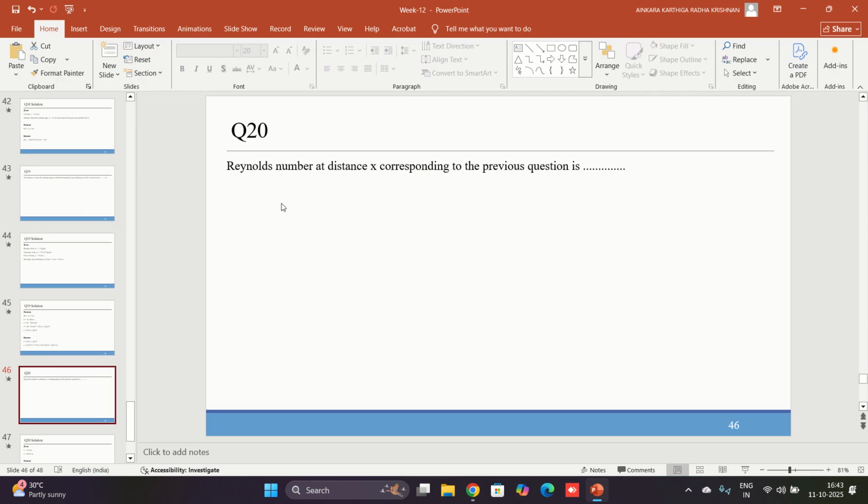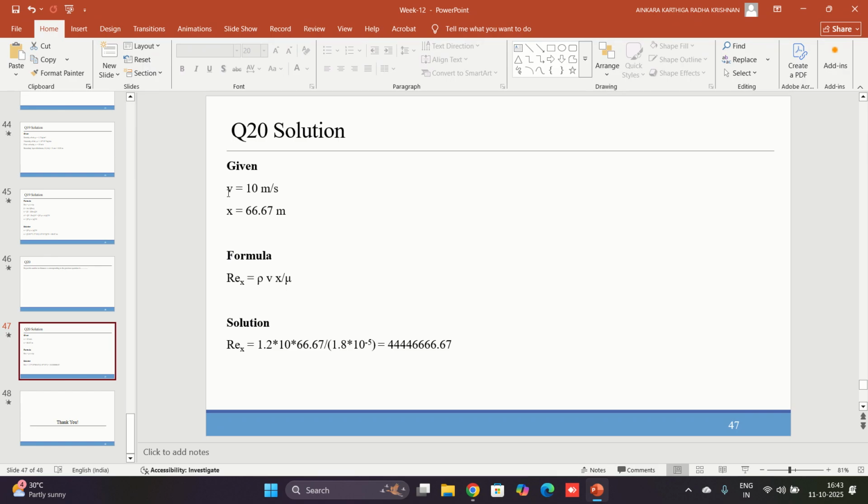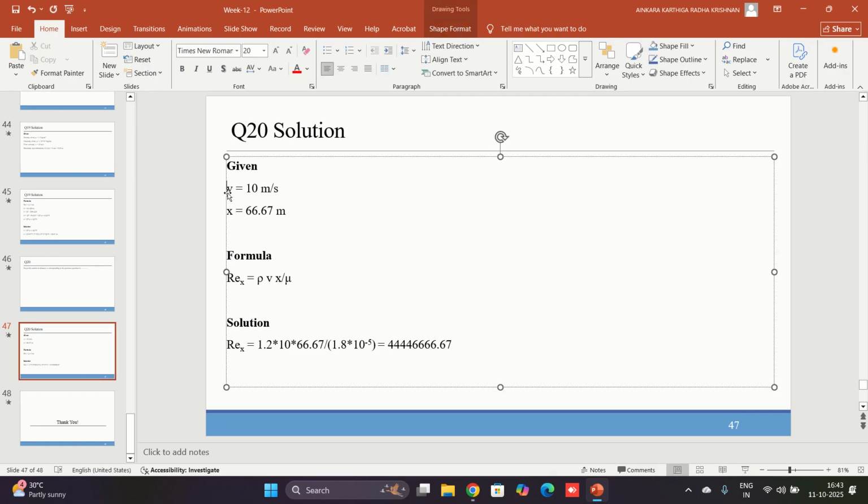So coming to the last question of today's session as well as for the whole session. The Reynolds number at distance x corresponding to the previous question is dash. So now we have to find the Reynolds number corresponding to the x in the previous problem. So flow velocity is 10 meter per second and distance from the leading edge is 66.67 meters. Also we need density of air.